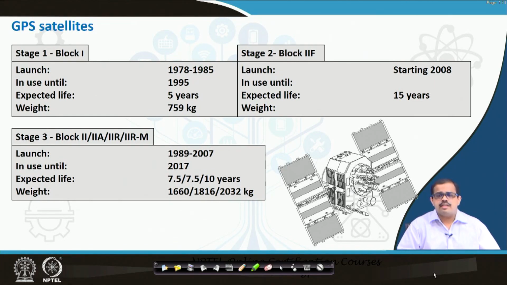Its expected life is about 15 years and it is yet working and has been extremely useful in terms of both navigation and distance measurements. Now, stage 3 was with block 2A, 2R and 2R-M. All of these blocks were launched somewhere between 1989 and 2007, but this was used until 2017.